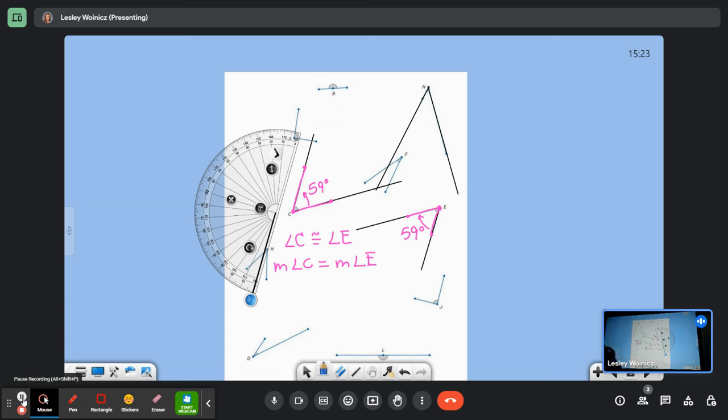Okay? It does not matter their orientation in space. It does not matter how long their little segment sides are. If I can slide or rotate or reflect and move the tracing paper from one to the other and get it to line up perfectly without bending or stretching, then I know that these angles are congruent.